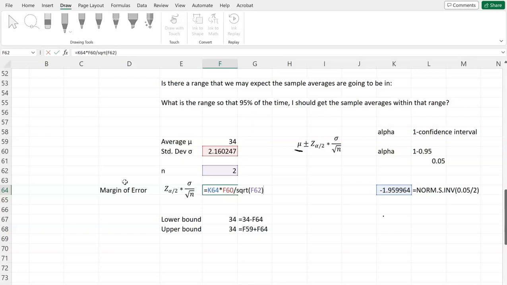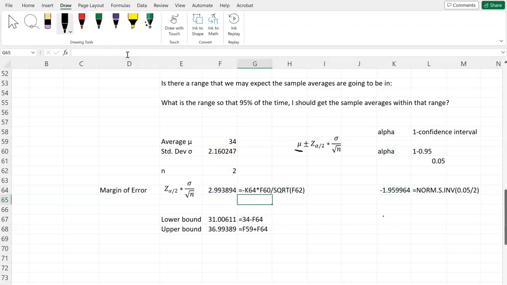Since the number is negative, I'm going to put a negative value here so that the margin of error comes out positive. So with that, we have our margin of error.